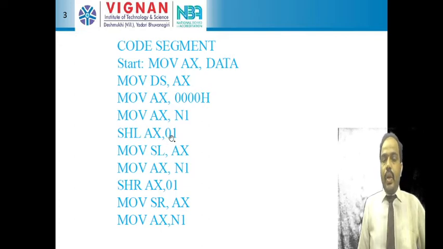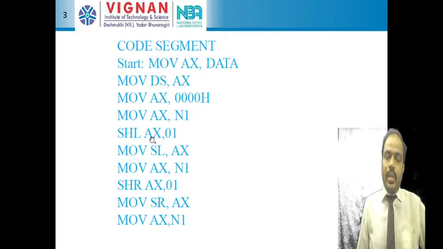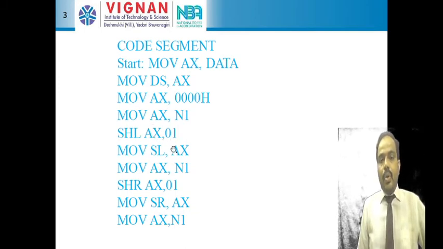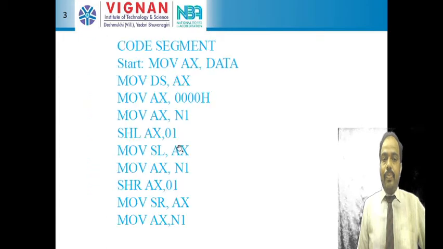If it is 01 it is one time, 02 two times, like that you can give any number of times. Whatever the result, it is stored in AX, and I move it into the memory location SL that I allocated: MOV SL, AX.